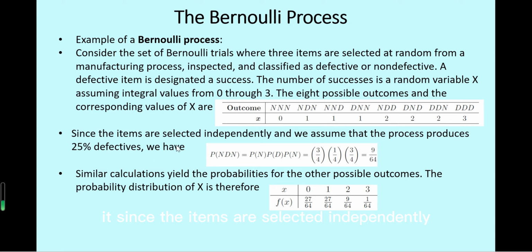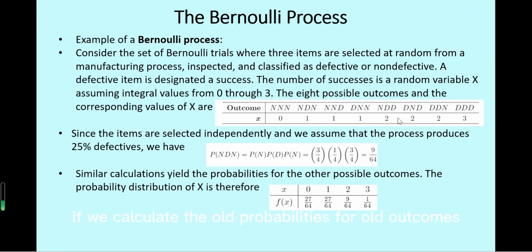Since the items are selected independently, and we assume that the process produces 25% defectives, we will have, for example, for this outcome N D N, the probability 3/4 times 1/4 times 3/4, because the result is N D N. And the probability for this outcome is 9/64, right?